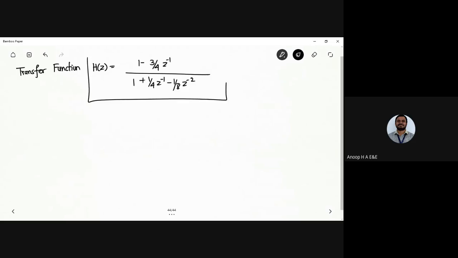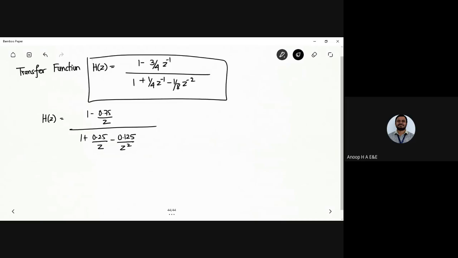So I have got h of z. Let me write it in powers of z rather than z inverse or z power minus 2. I can write 1 minus 0.75 divided by z, divided by 1 plus 0.25 divided by z minus 0.125 divided by z squared.